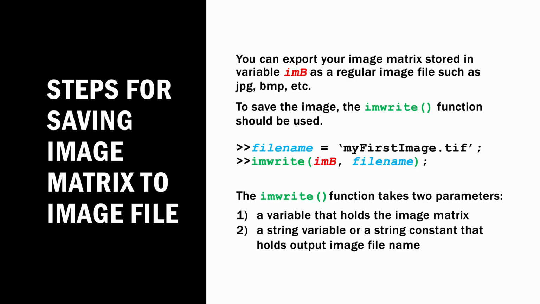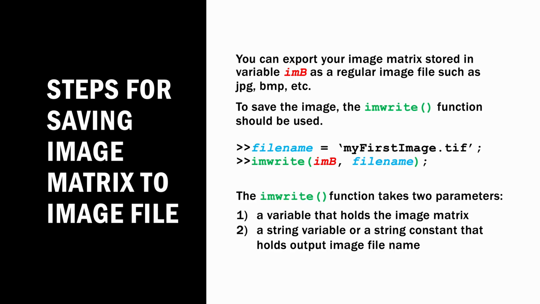The B here is capitalized, following the instructor's naming convention. imB means image binary. We will use this convention consistently throughout the course to clearly indicate the type of image represented by each variable. The second argument, filename, provides the name to use when saving.